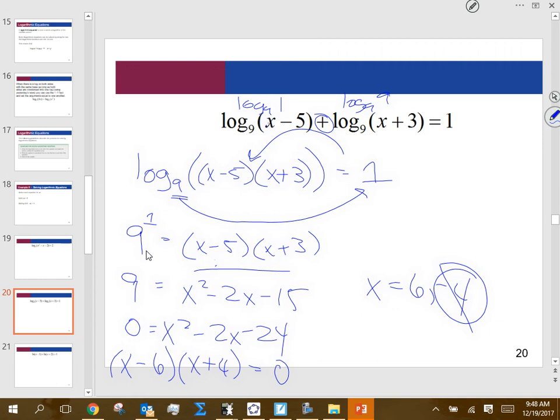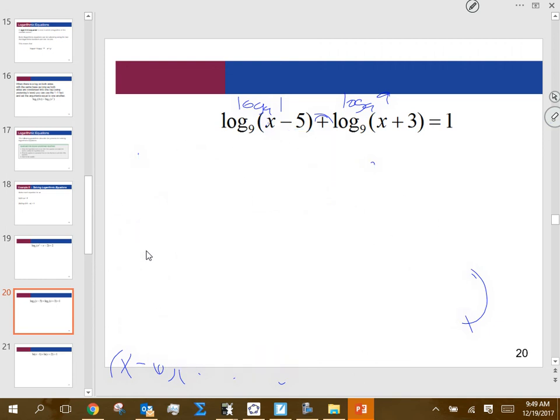Kind of think about why this works. We substituted here. I get log base 9 of 1 plus log base 9 of 9 is equal to 1.